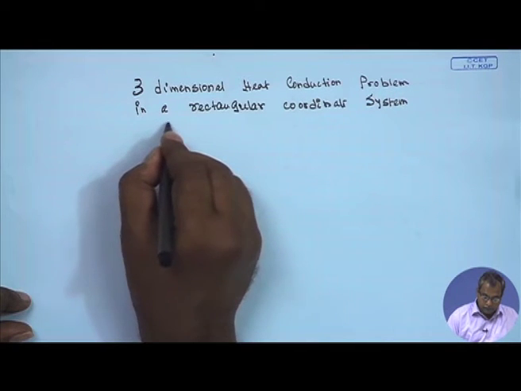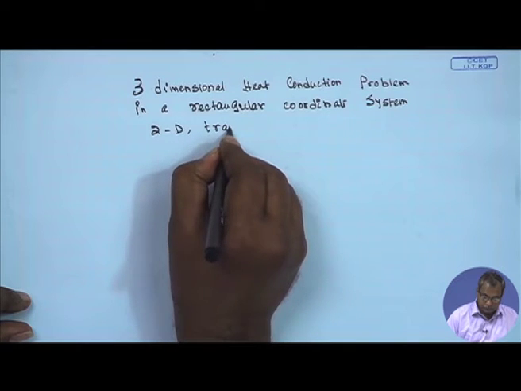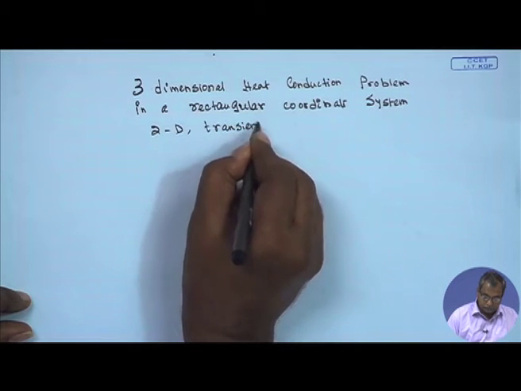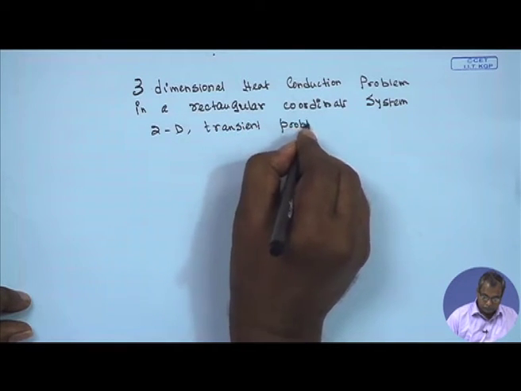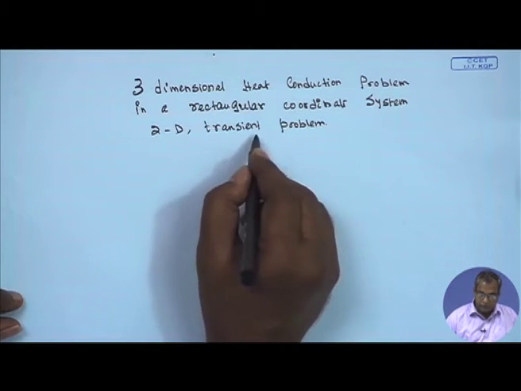So it is a 2-dimensional transient problem. So, 2 dimensions in space, 1 dimension in time.